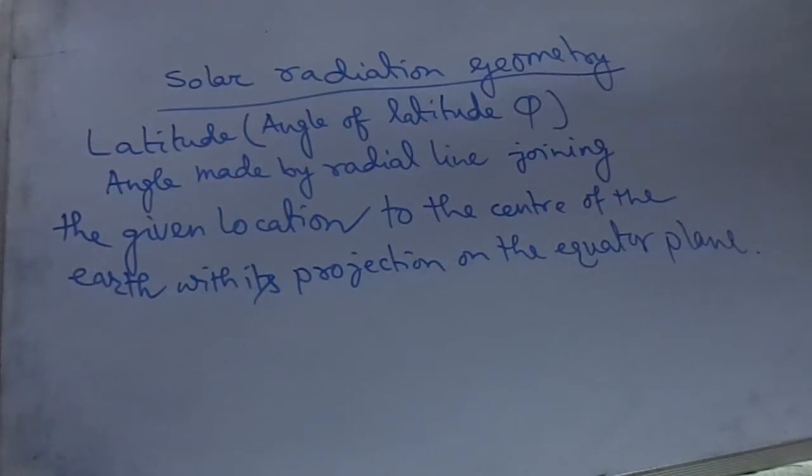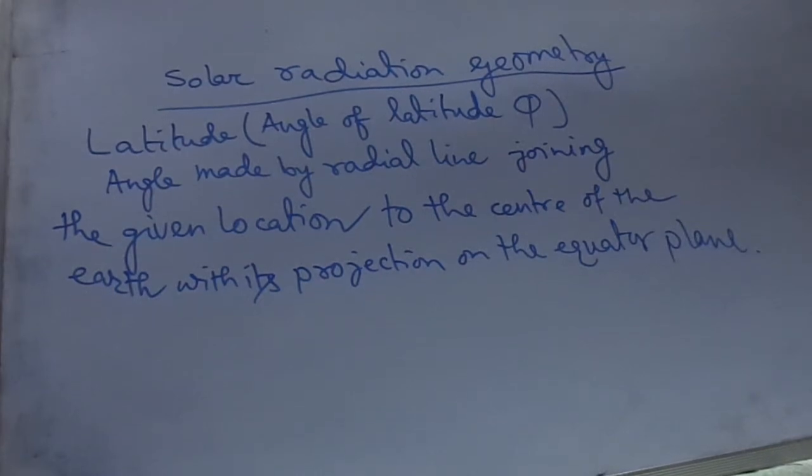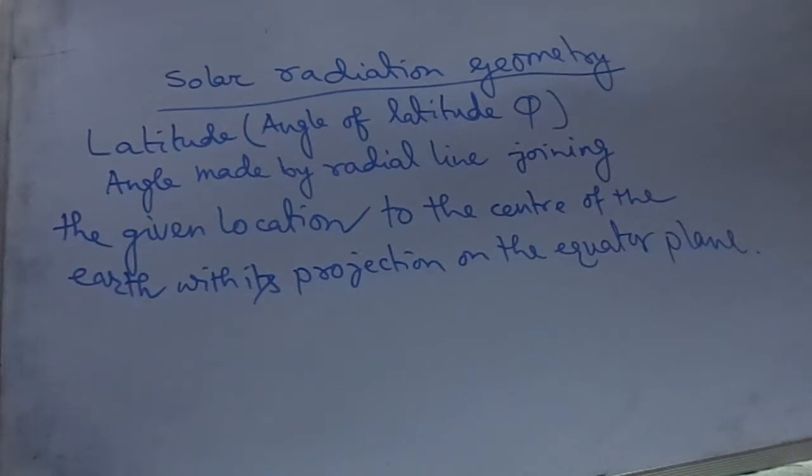If you draw the diagram, the latitude is positive for northern hemisphere and negative for southern hemisphere.